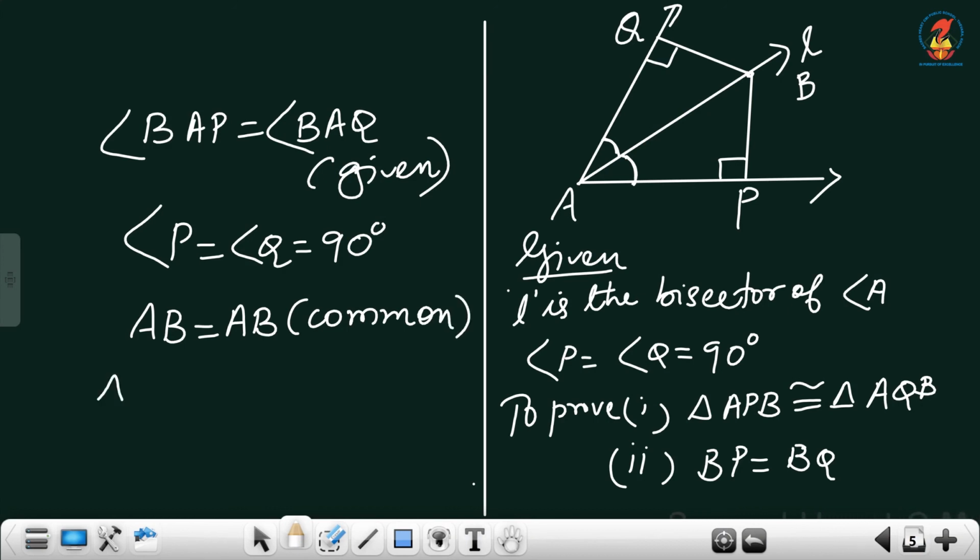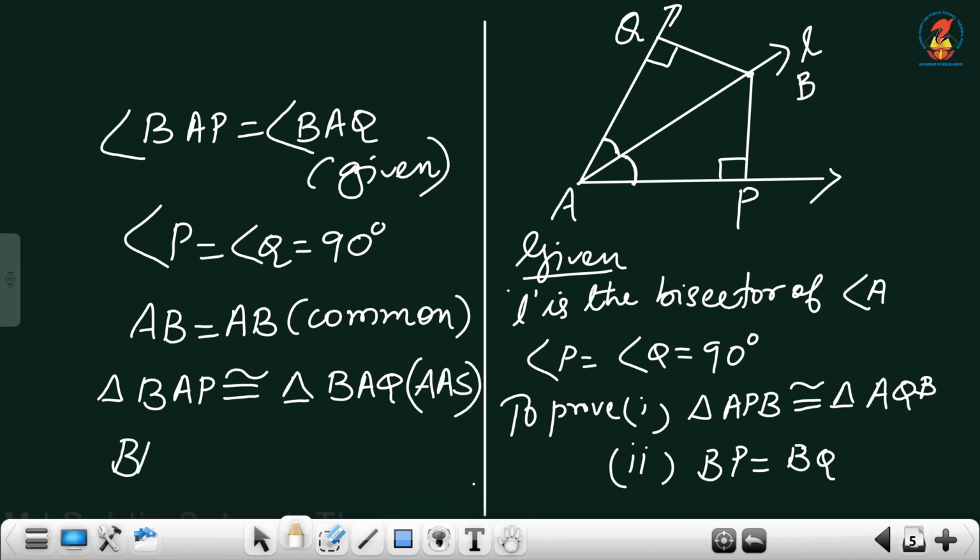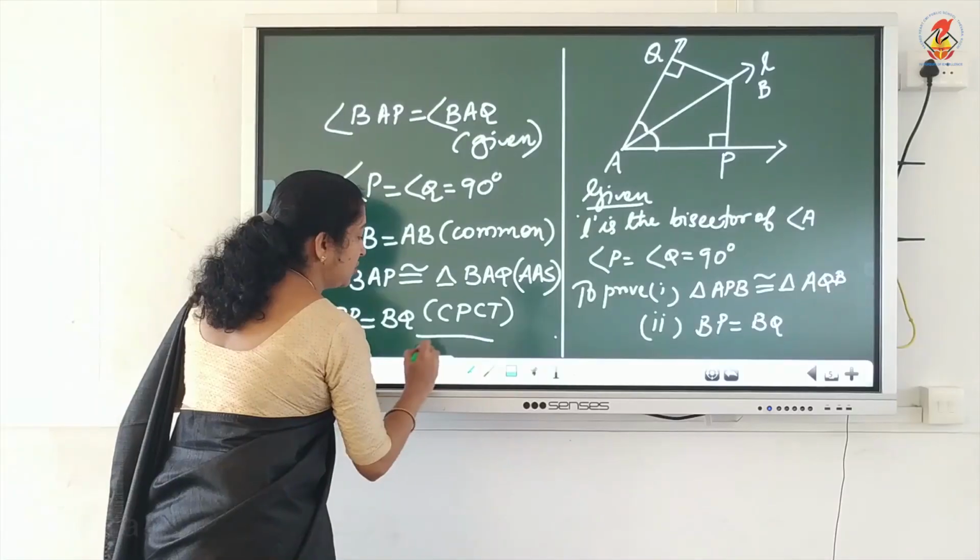So what we can say? Triangle BAP is congruent to triangle BAQ using AAS criterion. If these two are congruent, what we can say? BP is equal to BQ using CPCT. This is the final answer.